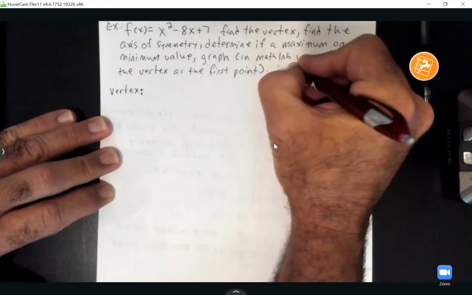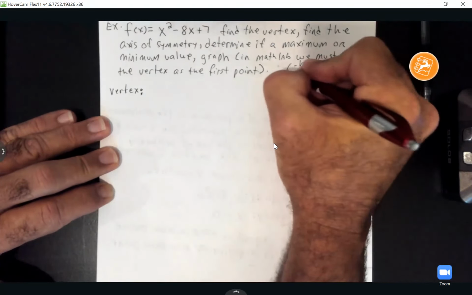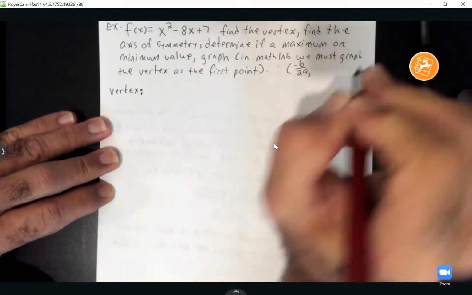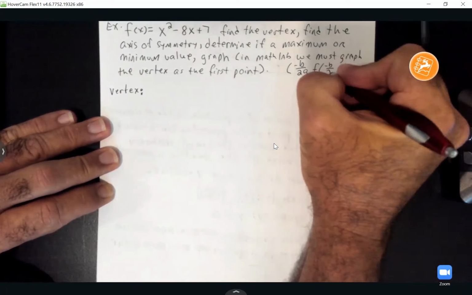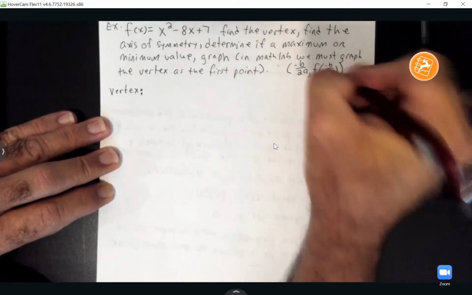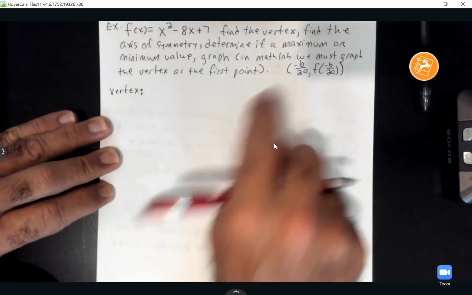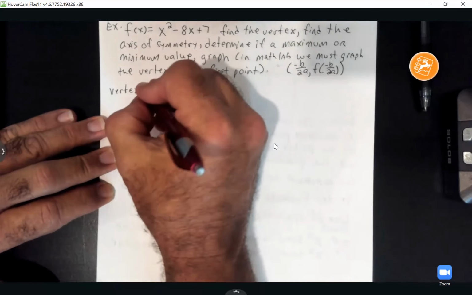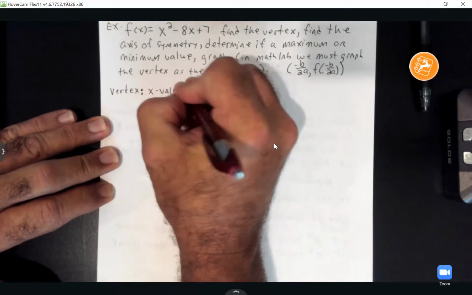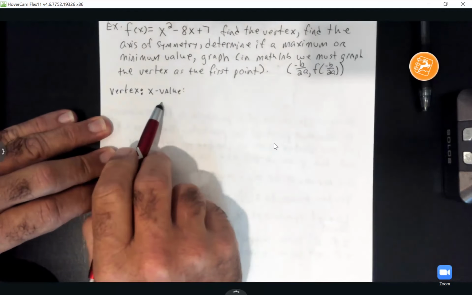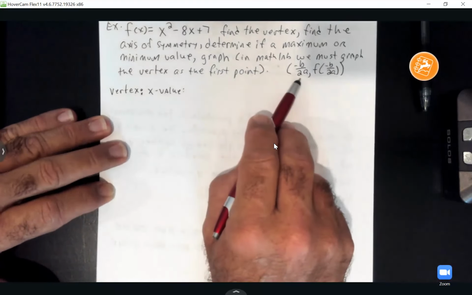Now remember, my vertex formula was negative b over 2a, and then f of negative b over 2a. So we're going to get the x value first. To get that x value, I'm going to do negative b over 2a.